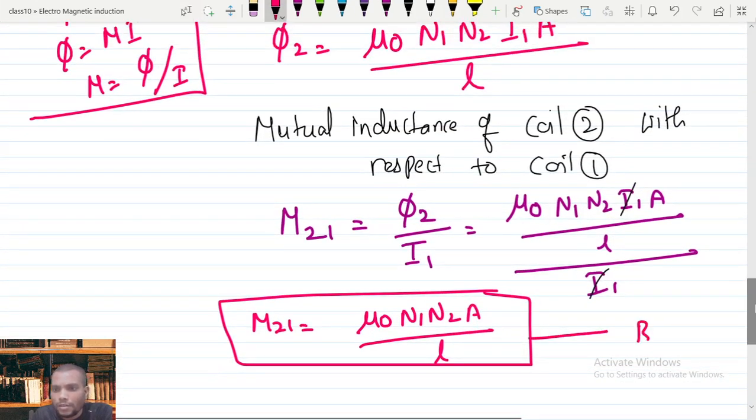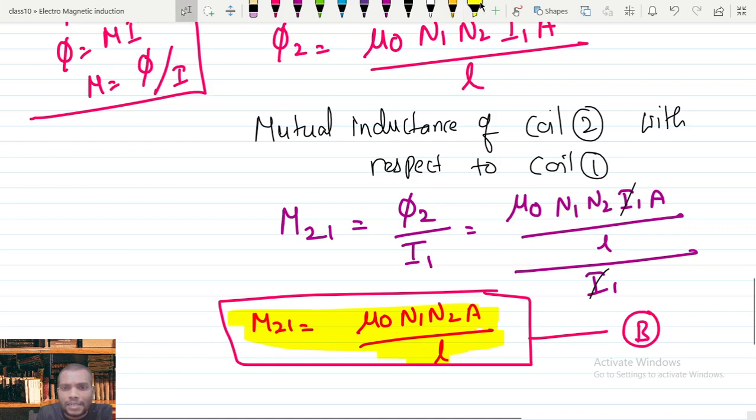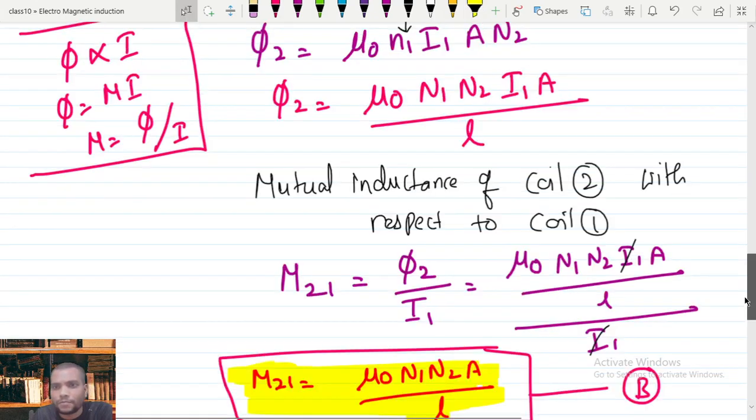If you call this expression B, now if you see this, expression A and expression B are similar.